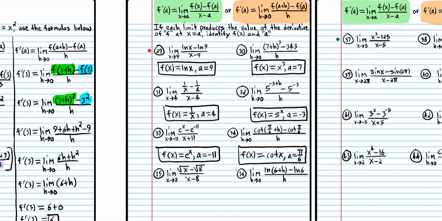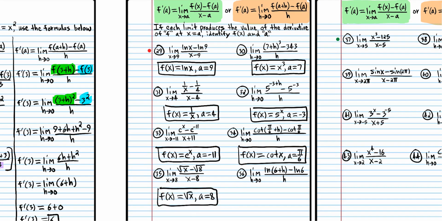So now we're going to use the green formula again. So what is the function that we're finding the derivative of? It's root x. And we're finding the derivative when x is equal to 8. Okay, let's do one more of these.